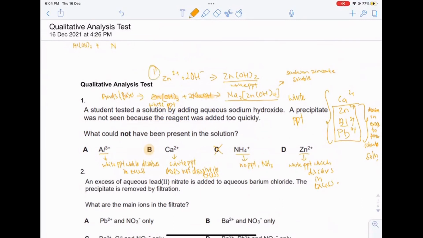So this is one, then two. Sorry, next time I need to take note of the sequence when I write. If not, it's hard for you all to read also. So then plus, this is the white precipitate that is formed when you add a few drops of NaOH. And then when you add excess NaOH, it will form sodium aluminate.